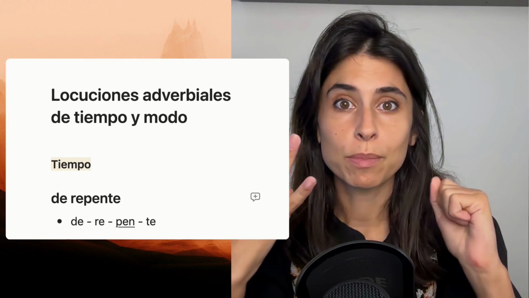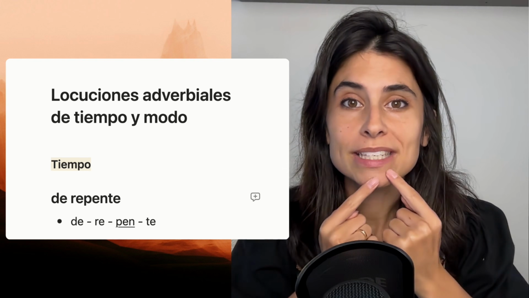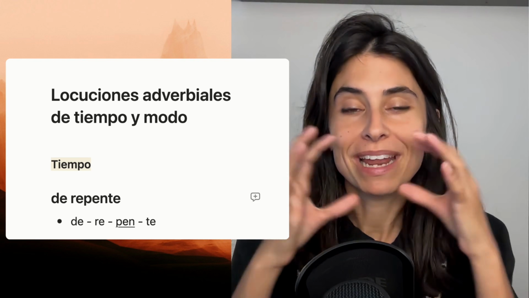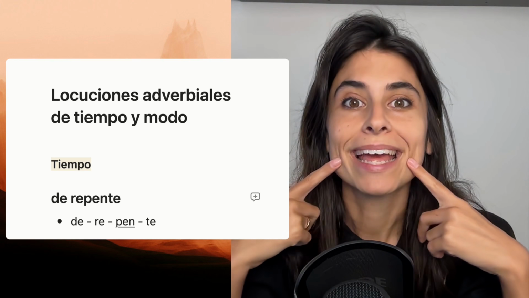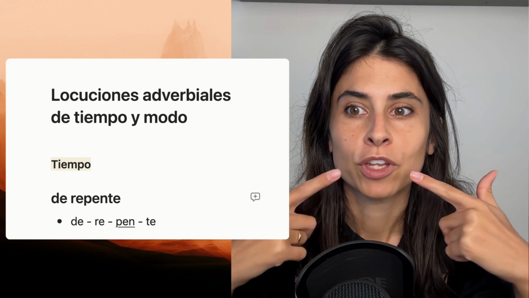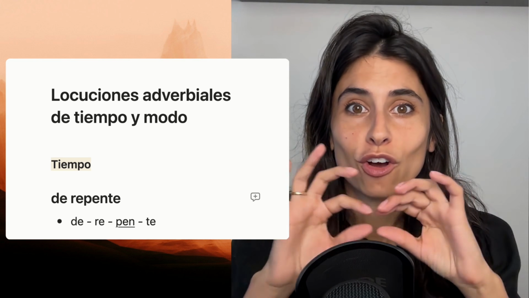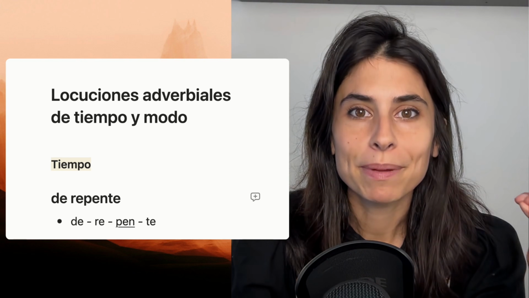And so it's 4 syllables, de-re-pen-te. Notice how my mouth is spread, like my lips are spread for the whole word. Because you have all E's, and all the E's need to be the same, okay? De repente.